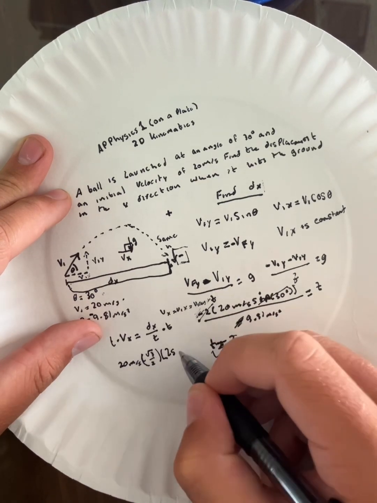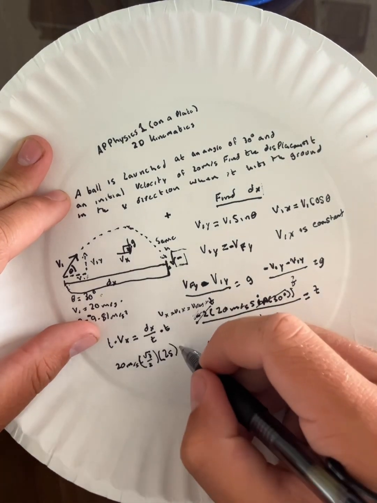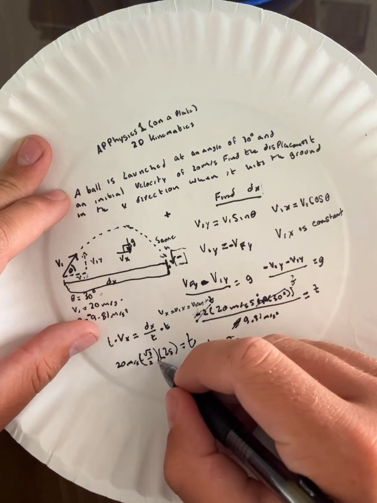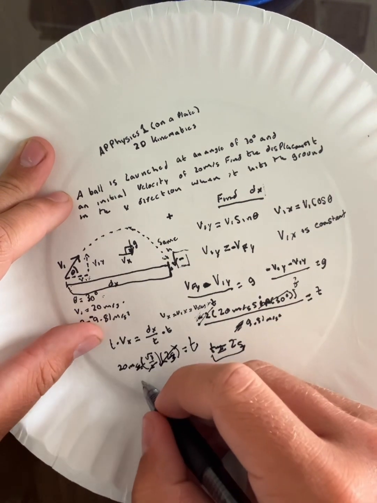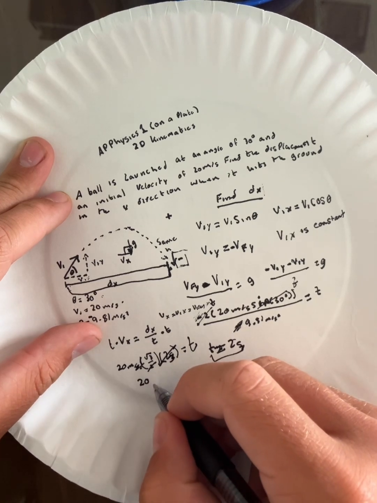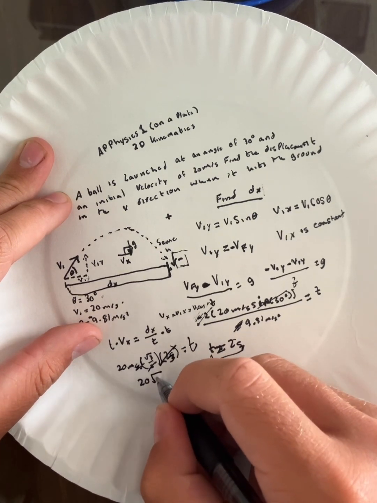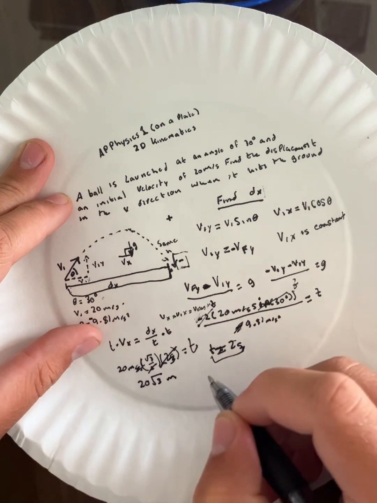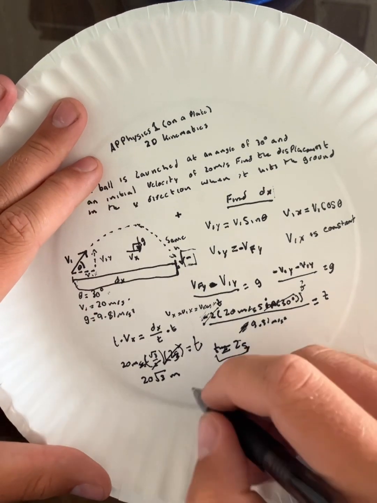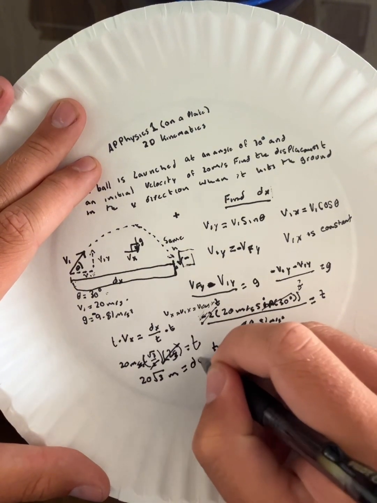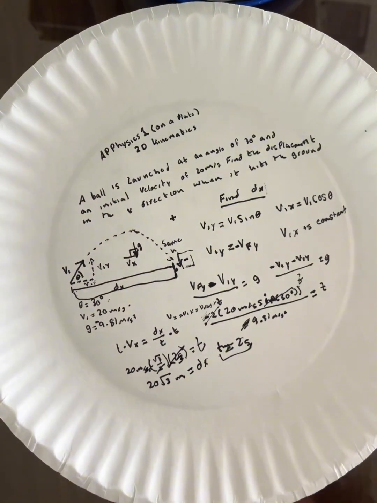And those 2's cancel out right there. So we know that this is equal to 20 times radical 3 meters. That is our distance. I don't know why I said that equal to time. Oops. That's our distance in the x direction. And that is our final answer.